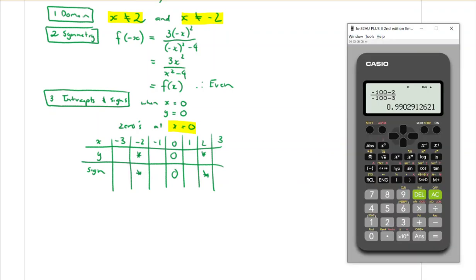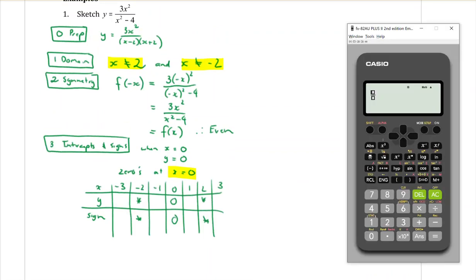So we get our calculator out, and it's time to start typing some stuff in. I won't do all of them, but let's do the first one. What was my equation? There it is. It was 3 times bracket -3 bracket squared over, I'm just going to type in 9 minus 4, because -3 squared is 9. So I get 27 over 5.